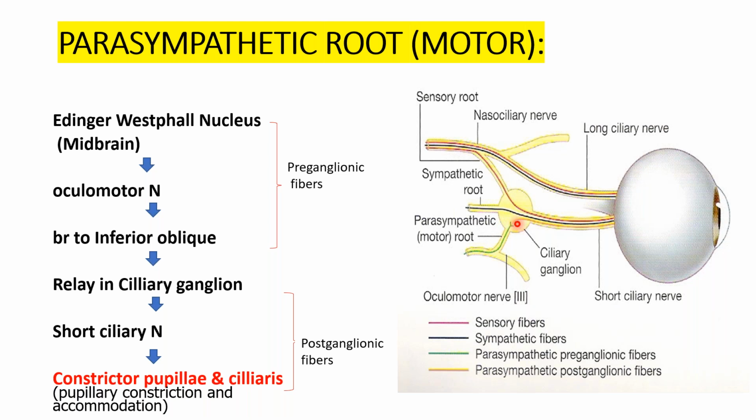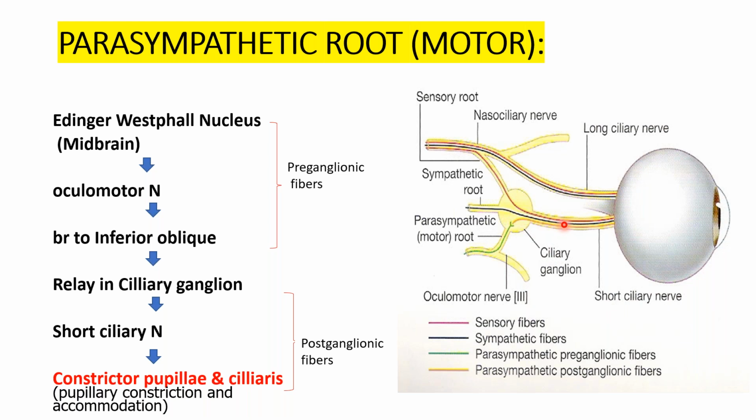Once it has reached the ciliary ganglion, there is a postganglionic neuron over here. The axon which arises from here will be the postganglionic fiber. This postganglionic fiber will pass through this nerve, which is branched from the ciliary ganglion, the short ciliary nerve.